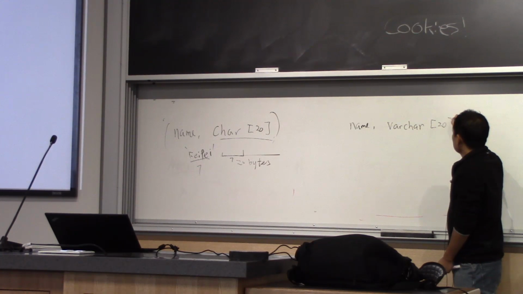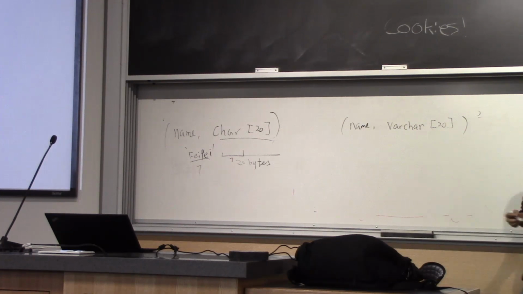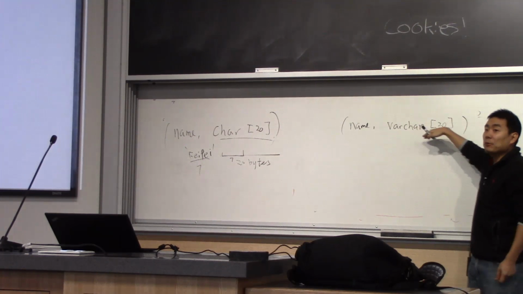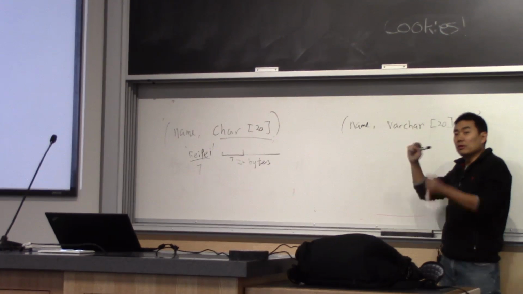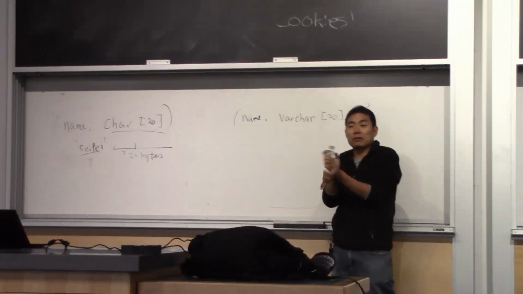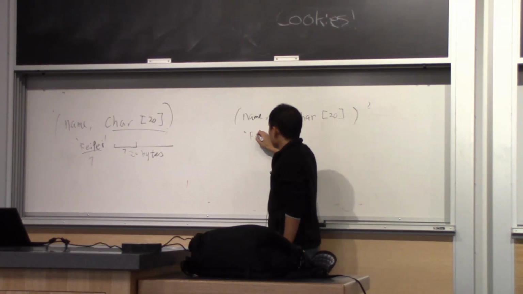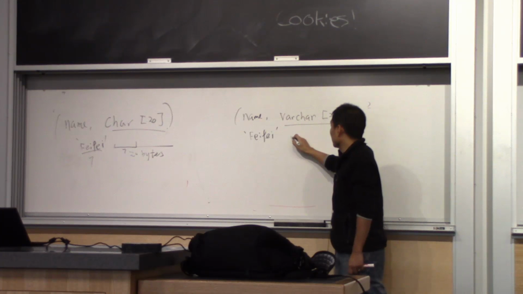So what's the difference between the two? Well, what this means is you're going to have variable length for each value of this column that goes up to 20 bytes, but each value uses the actual number of bytes it needs on disk. So if you use the same value of Feifei for the name, this varchar will use only 7 bytes on disk.